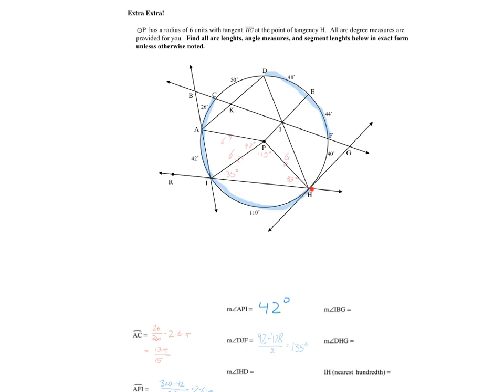Notice the vertex here is on the circle, so it's inscribed. So we just need to focus on the arcs that are intercepted. Our arc intercepted by IHD is going to be this part right here. So we have a total of 42 plus 26, so 68, plus 50, 118, divided by 2, and that's going to equal 59 degrees.